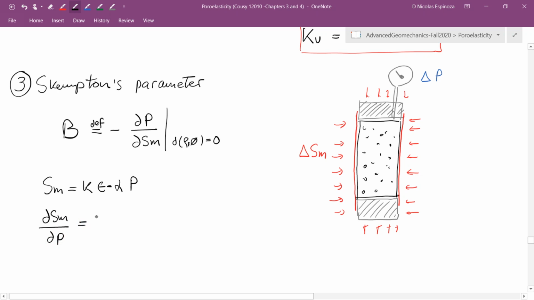K is going to be a constant. The sample is going to change in size, so this deformation, I need to consider its variation with a change of pressure, and the derivative of P with respect to P is just going to be 1, so this is just alpha.